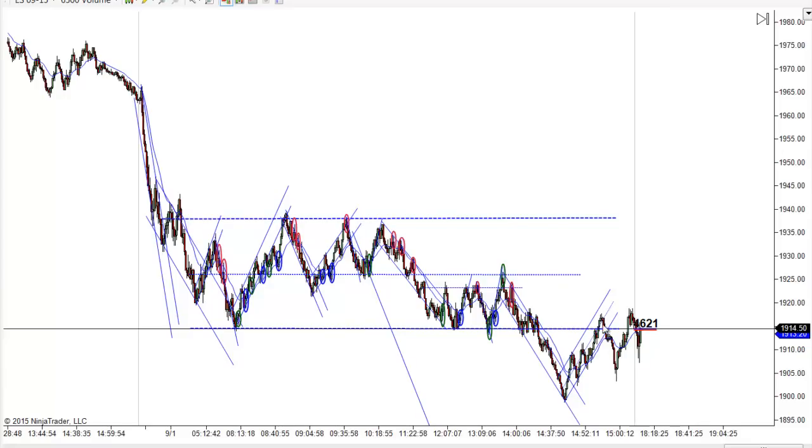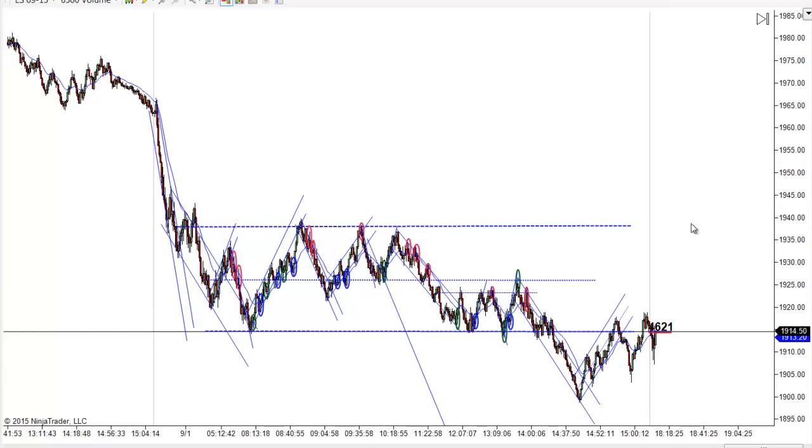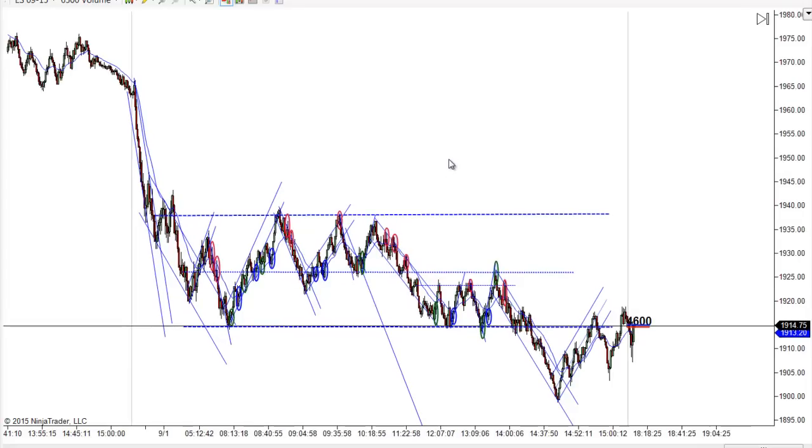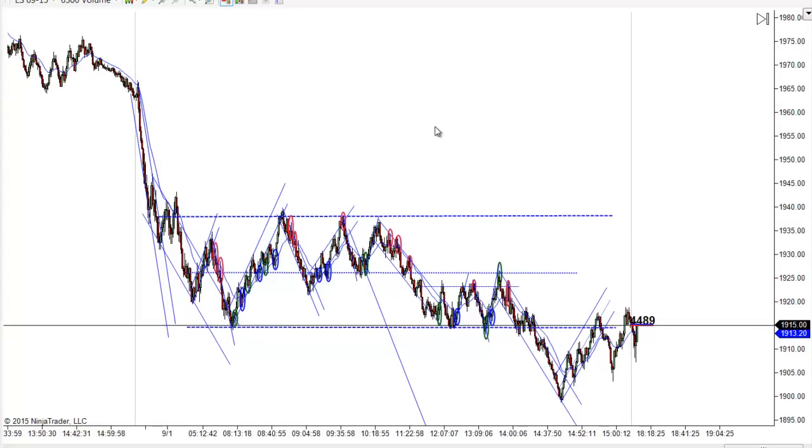You buy these little breakouts right here and you sell these breakouts up here, and you're really better off selling these up here than buying down here because we traded down into this. So the odds are when we do break out successfully and start trending again, it's probably going to be to the low side because we traded down into this range. I mean, that's one of the things we teach. So follow the rules, and it's really going to help you.